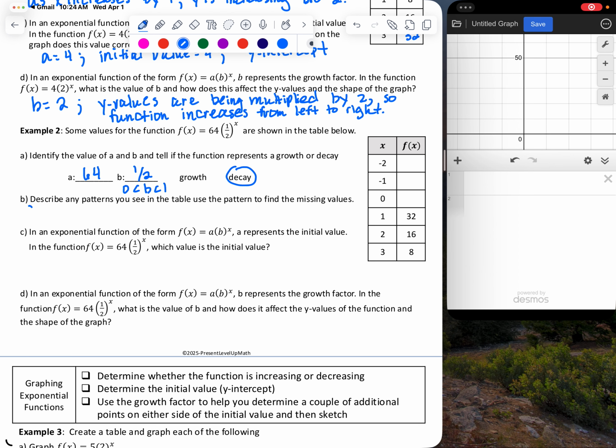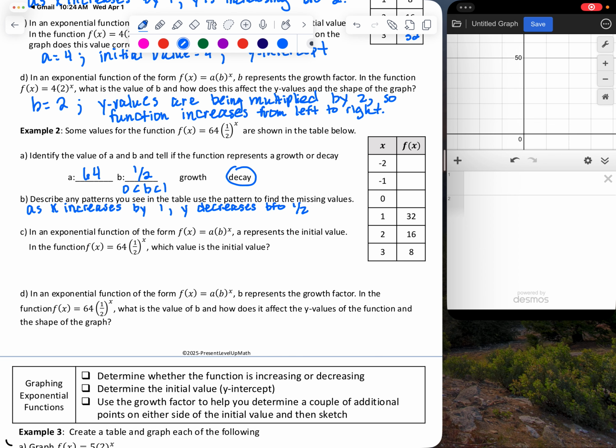So as x increases by 1, y decreases by a factor of 1/2. So 32 times 1/2 is 16, 16 times 1/2 is 8, and so on.